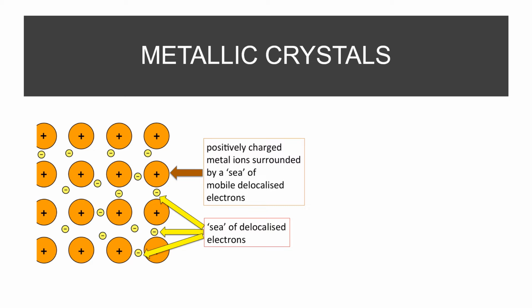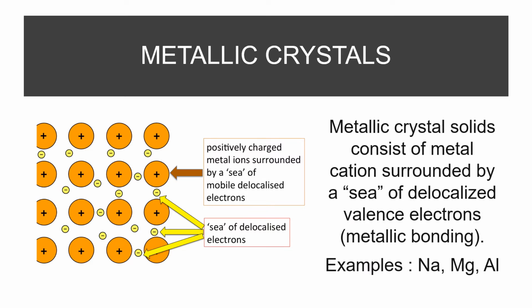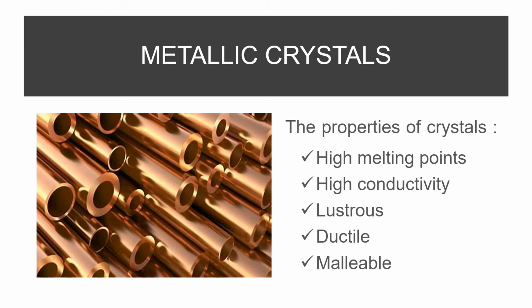Let's take a look at a metallic crystal. The metallic crystal solid consists of metal cations that are surrounded by a sea of delocalized valence electrons, forming a metallic bond. For example, sodium, magnesium, and aluminium. The metallic crystal has high melting points, high conductivity, and is lustrous, ductile, and malleable.